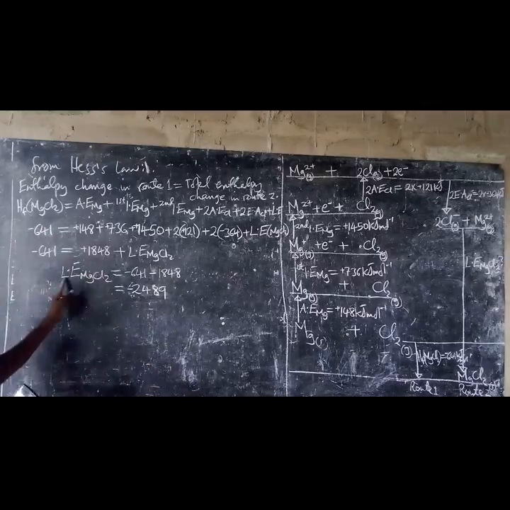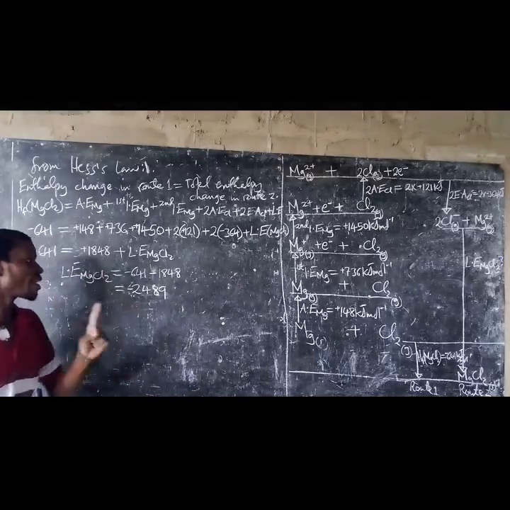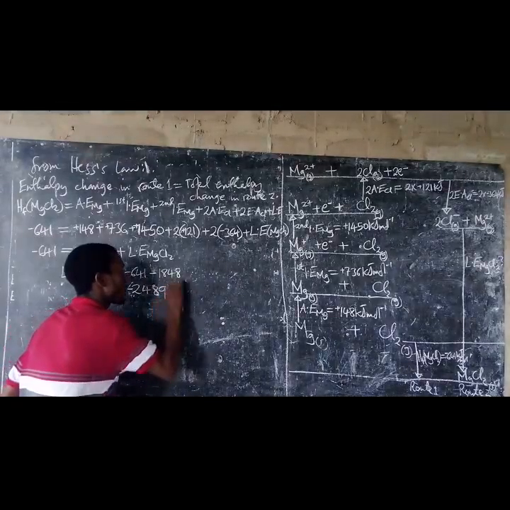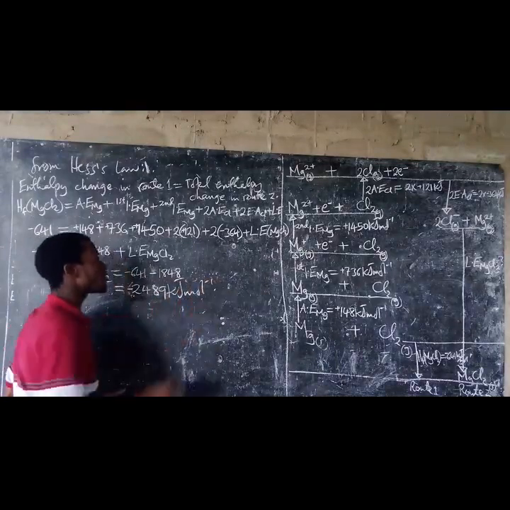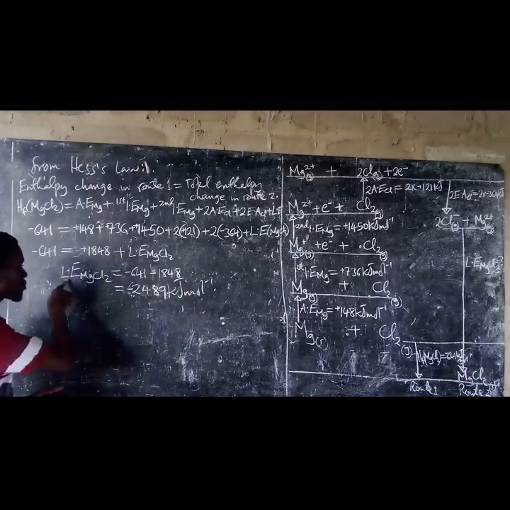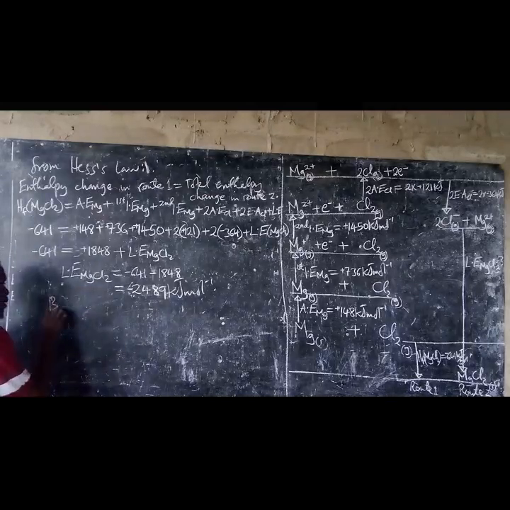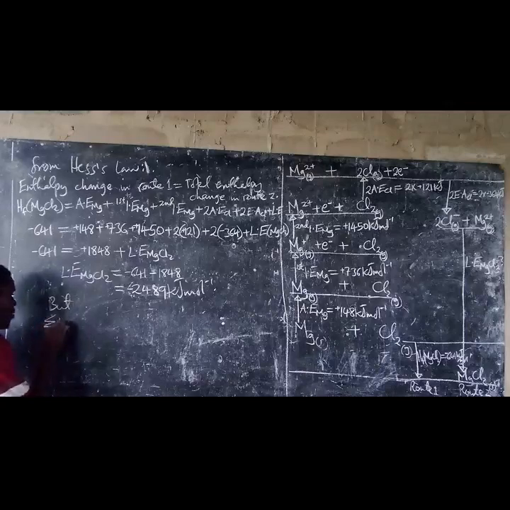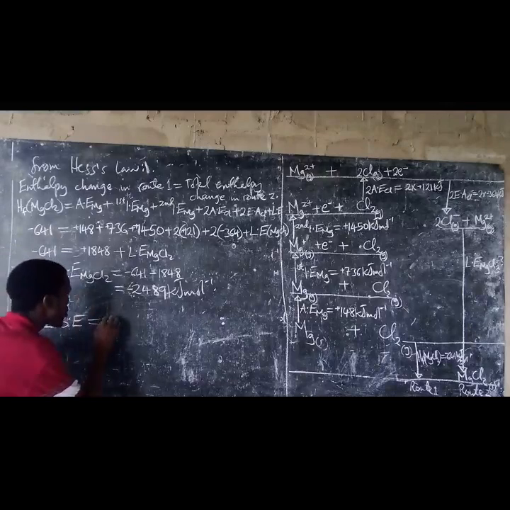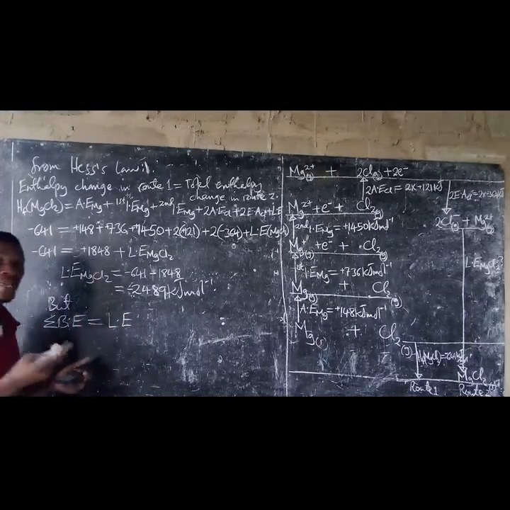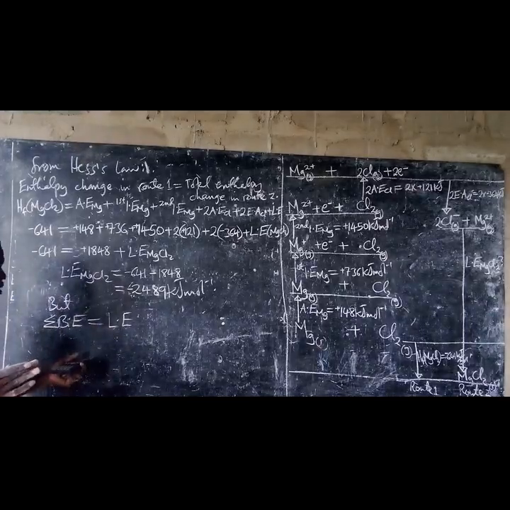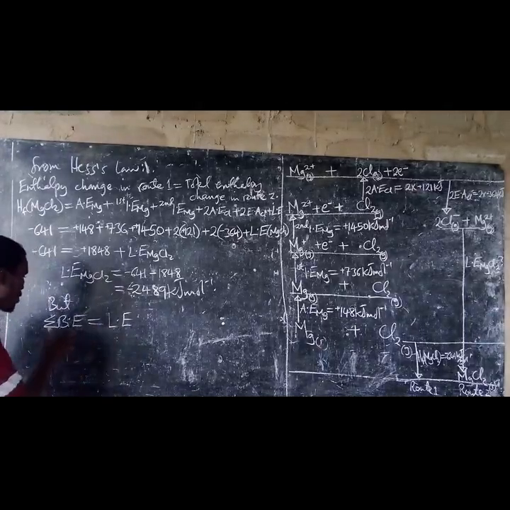Now, we have determined the lattice energy in kilojoules per mole. As I told you earlier, the sum of the bond energies is equal to the lattice energy, but they are equal in magnitude and opposite in sign. This is negative, this is positive.